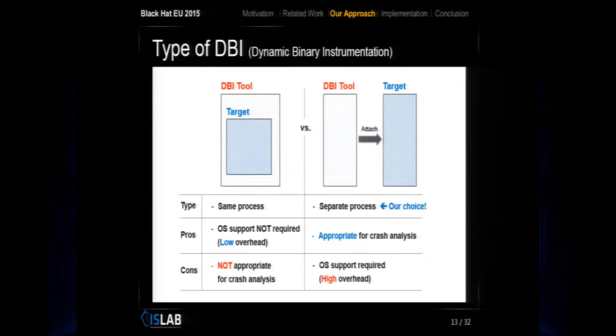It can provide relatively fast instrumentations, but it's not appropriate for crash analysis because it may produce unexpected results in case of memory access violation. On the other hand, the right one can preserve the target context. So even though it has a high overhead, it's appropriate for crash analysis. So our choice is the right one.